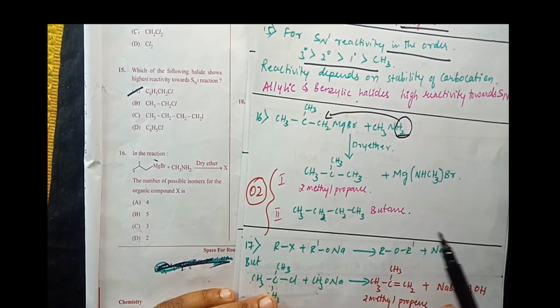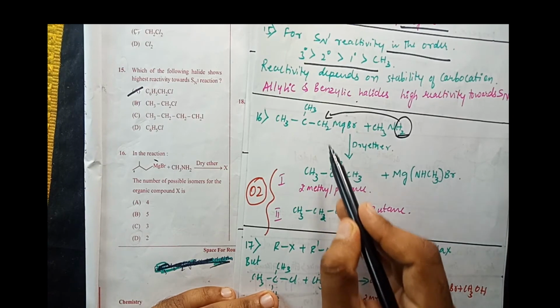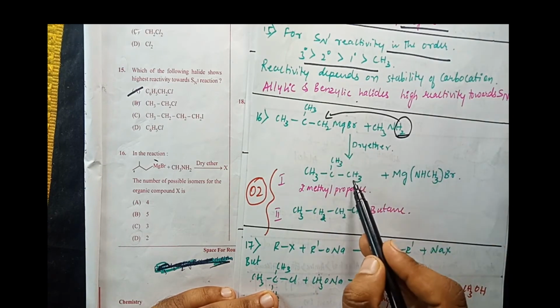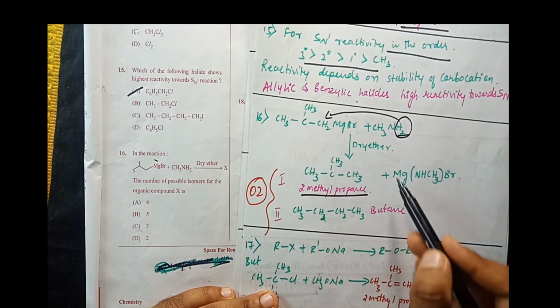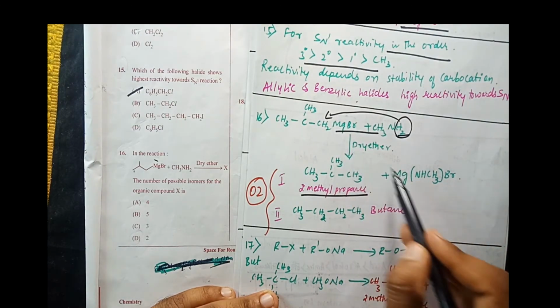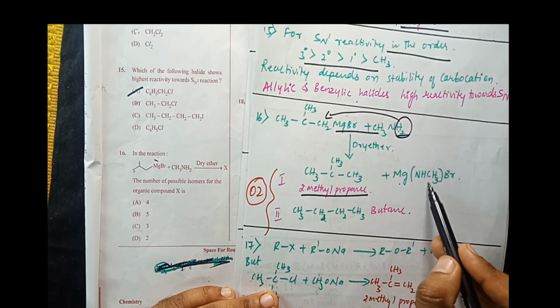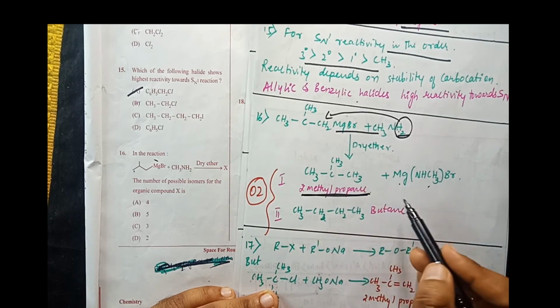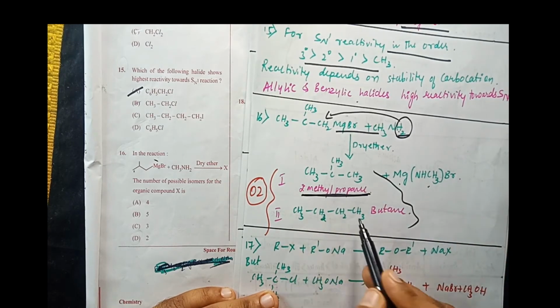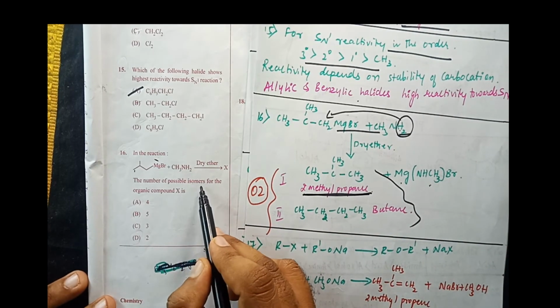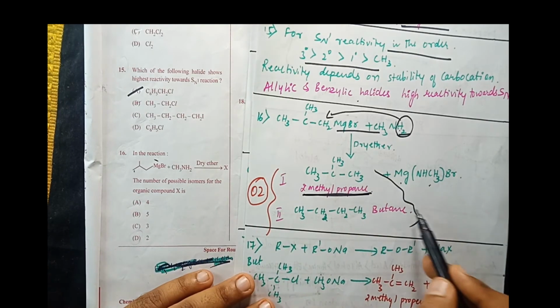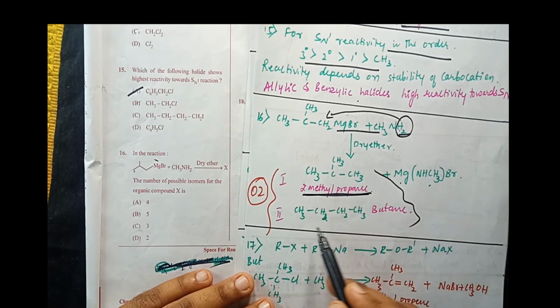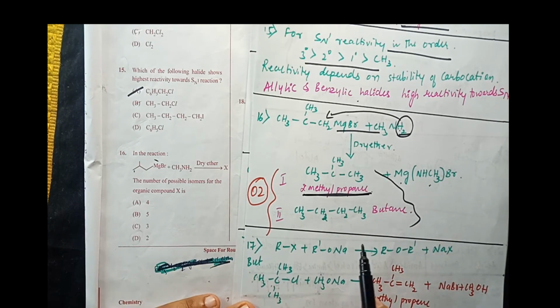Therefore the reaction gives CH3CH3 plus the remaining product, MgNHCH3Br. How many possible isomers did they ask here? 2 possible isomers: the first is 2-methyl propane, and the second one is butane, that is normal butane, n-butane.